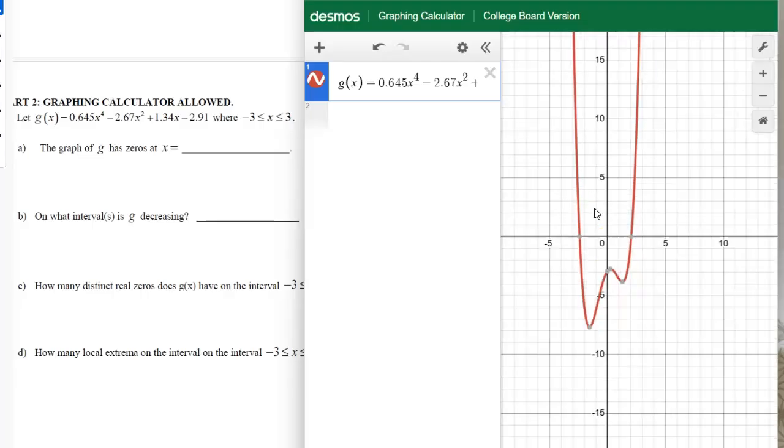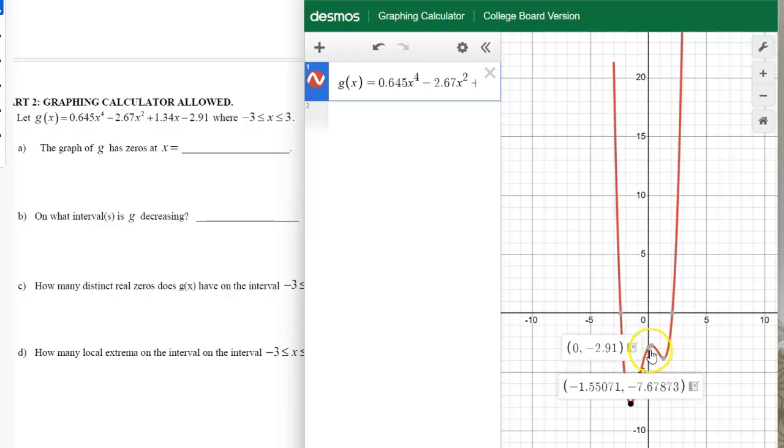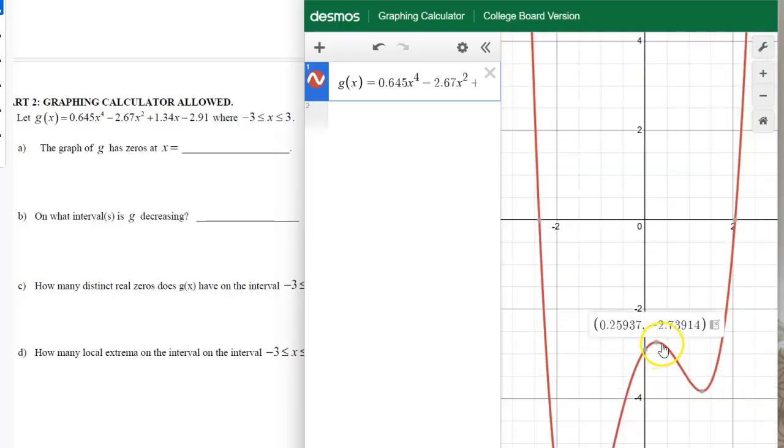So the first area is -3 to this minimum, -1.5507, union with, I'm going to zoom in a little bit, this right here, 0.259 to 1.291. And for all the decimals I just said, you can keep more than the thousandths if you want to. But remember, you're writing all the X values where your function is decreasing.